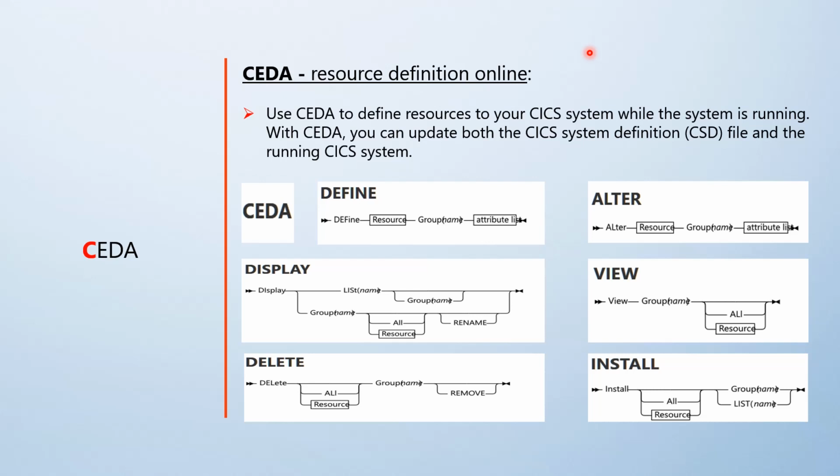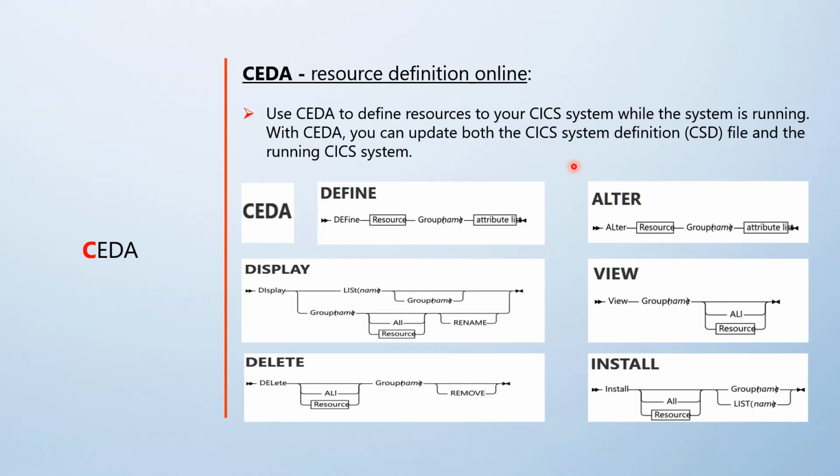Whatever. So to maintain all that, CICS has provided a bunch of transactions. Here we are dealing with CEDA, which is the prime transaction that deals with resource definition online. By using CEDA, you can define the resources to your system, and you can even change them while CICS is up and running.